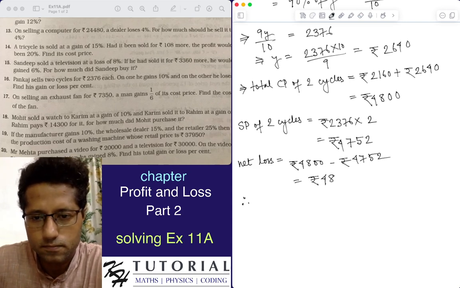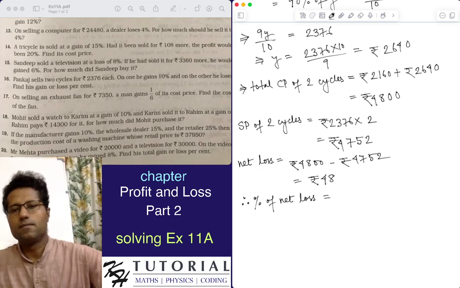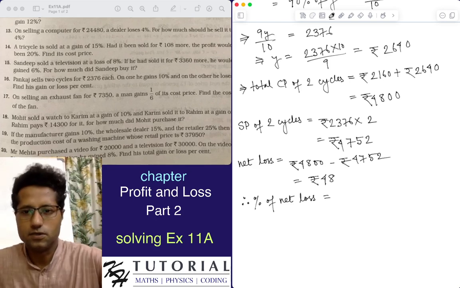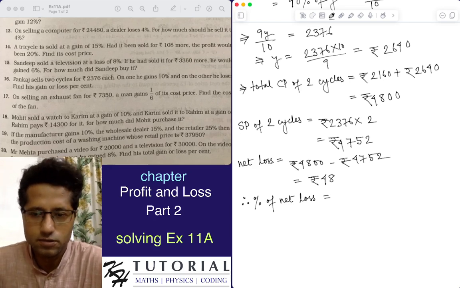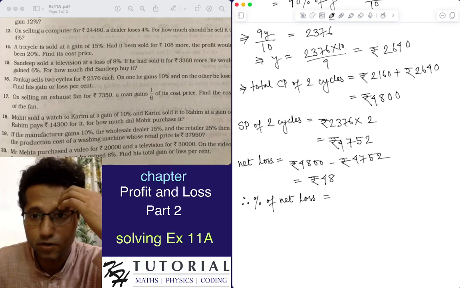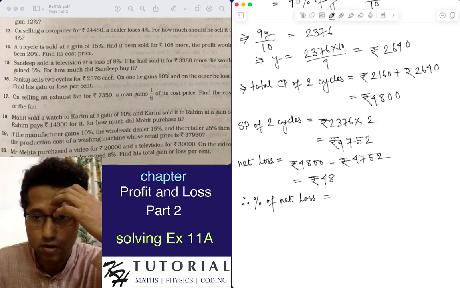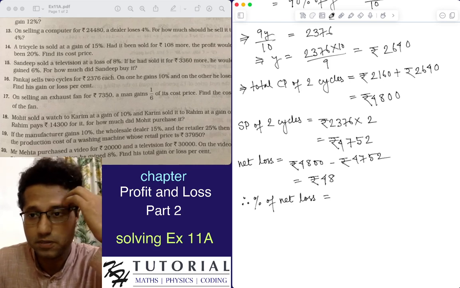Therefore, percentage of net loss. So this net loss is based on the total cost price, which is rupees 4800. Therefore, we have to now find what is the percentage of these rupees 48, which is the net loss, based on rupees 4800.